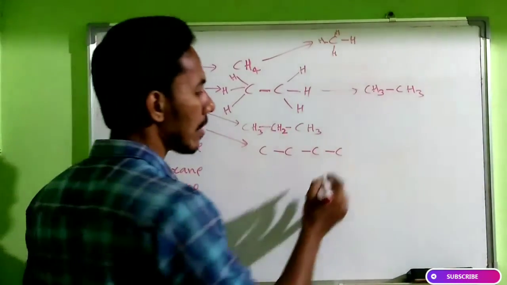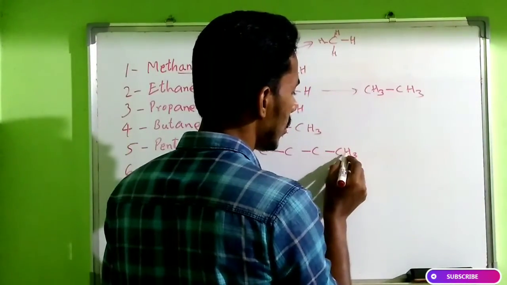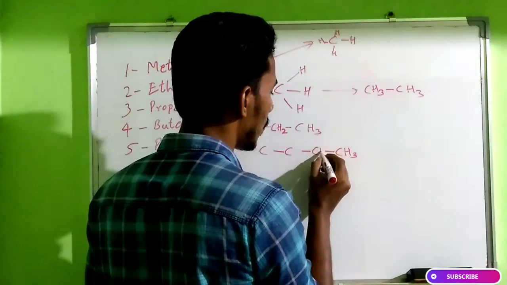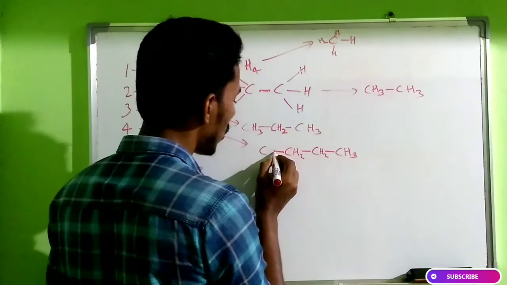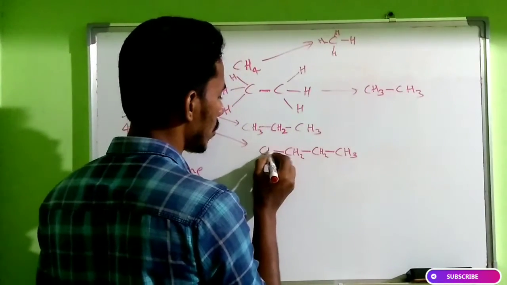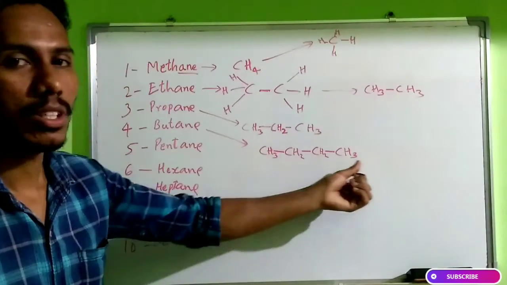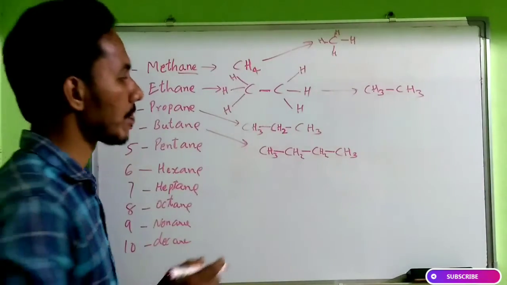Then how many left here? It's 3. 1 is here and 3 hydrogen. In the middle, 1 is here and 1 is here, then 2 left. At the end, 1 is here only, so CH3. CH3, CH2, CH2, CH3 is the representation of butane.